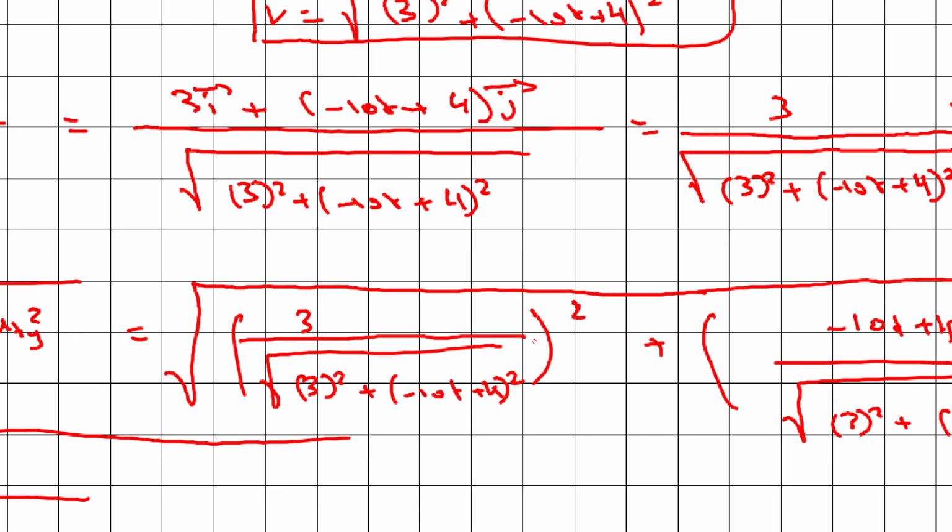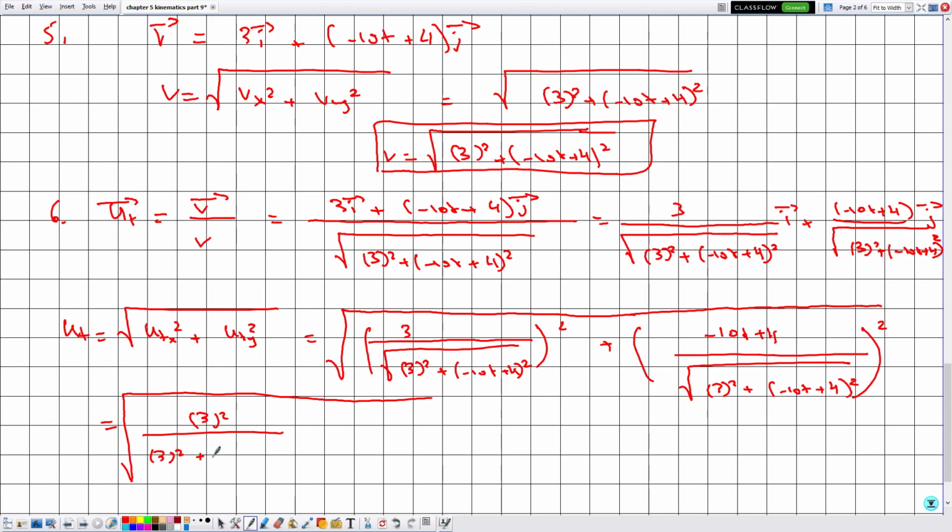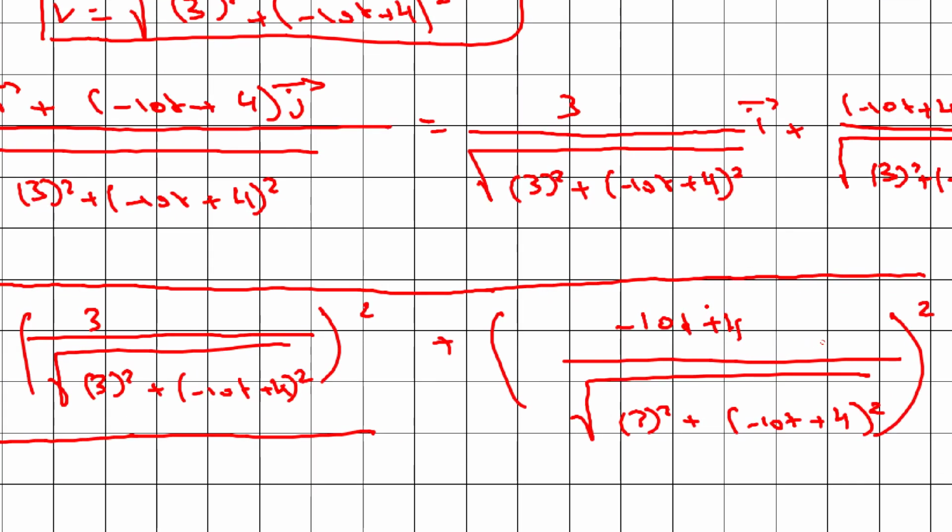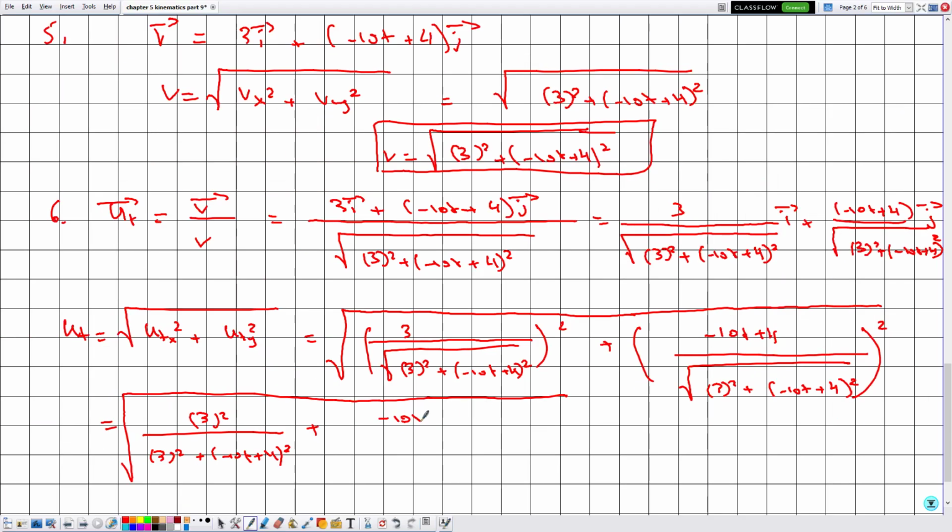So the power 2 cancels out of the radical, plus minus 10t plus 4 to the power 2 plus this raised to the power 2, and the power 2 for the denominator cancels out of the radical. It's given by 3 to the power 2 plus minus 10t plus 4 to the power 2.